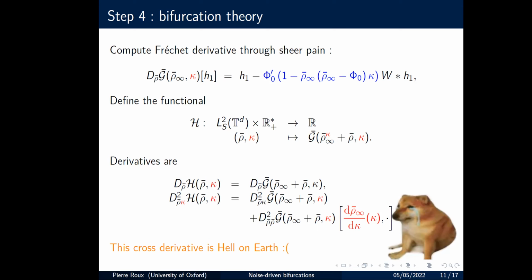And to achieve that, you can notice that if you diagonalize this operator by taking H1, one of the elements of the Hilbert basis of the cosines, then you get a Fourier mode of W times this blue thing.